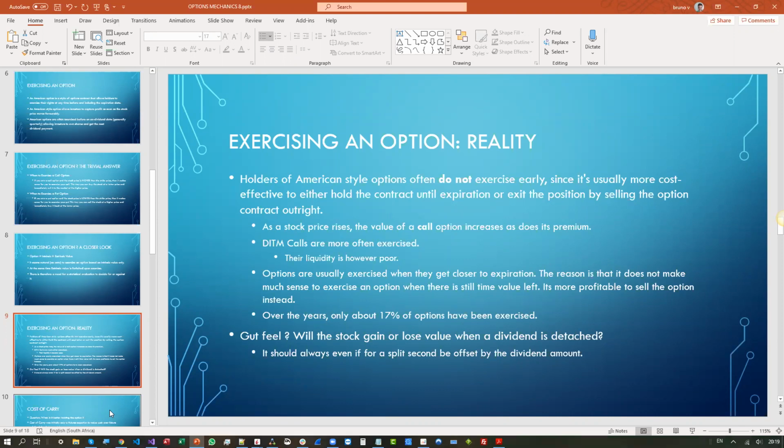As a matter of fact, it's actually a fact. Deep in the money calls are more often exercised. That can be because the deep in the money calls have a delta that is very high, 80, 90, close to 100.